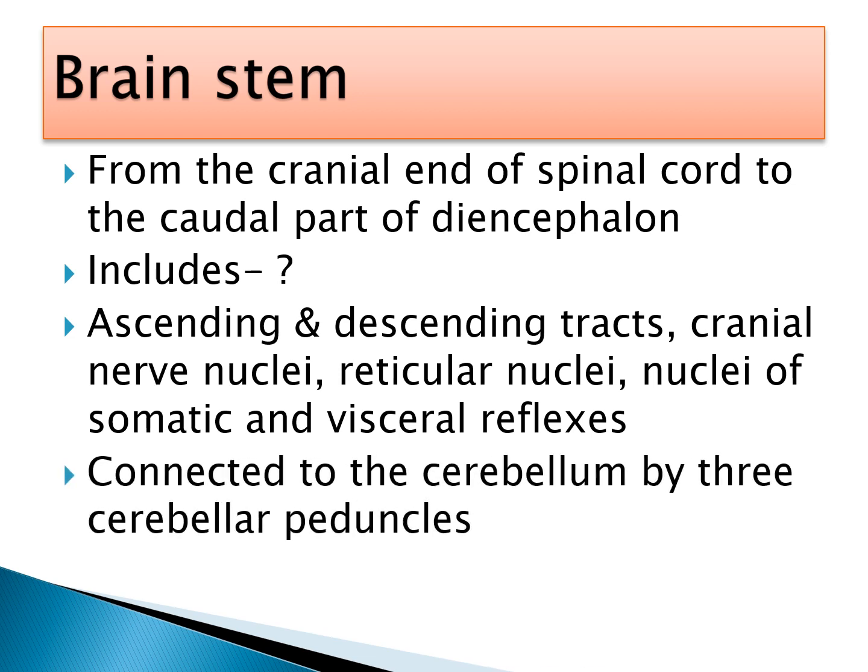They are connected to the cerebellum by three cerebellar peduncles. Superior cerebellar peduncle connects the midbrain with the cerebellum. Pons is connected with the cerebellum by the middle cerebellar peduncle. And medulla oblongata is connected with the cerebellum by the inferior cerebellar peduncle. So I think now you have answered the quiz. Three cerebellar peduncles.